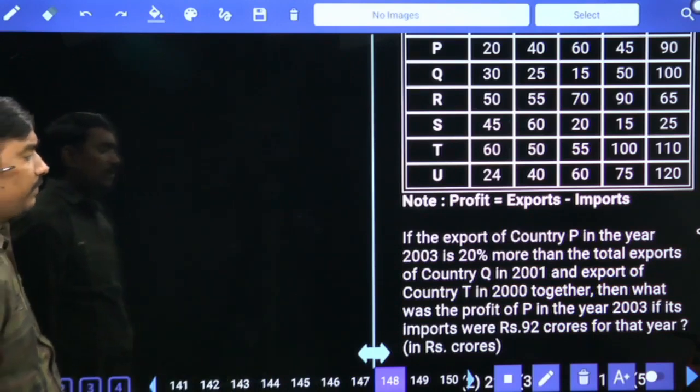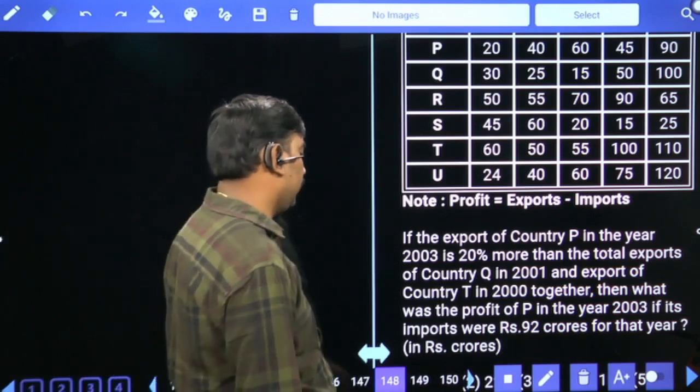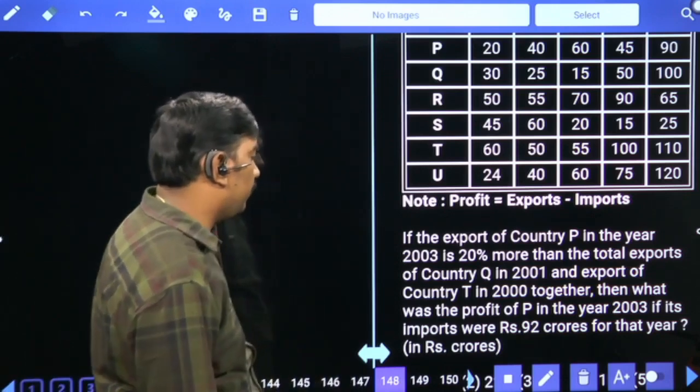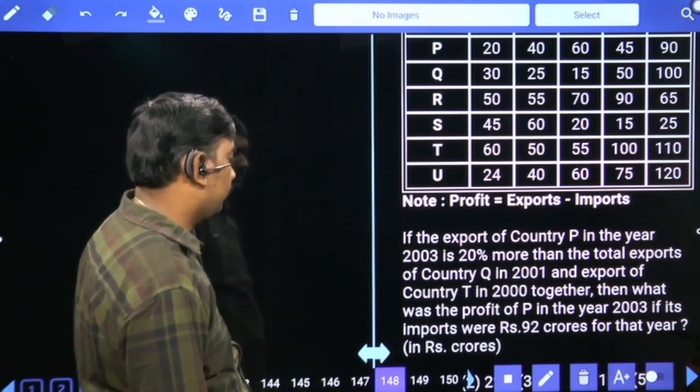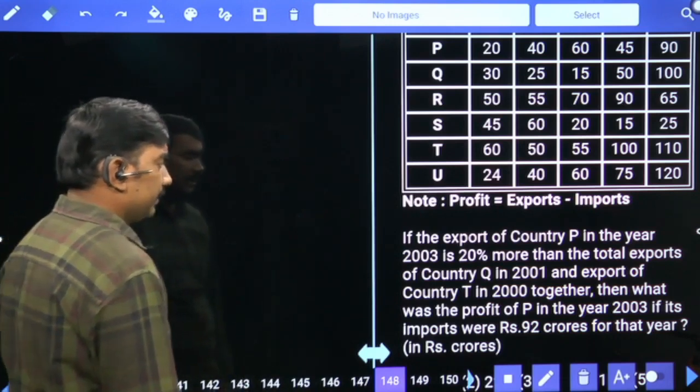If the export of country P in the year 2003 is 20% more than the total exports of country Q in 2001 and export of country T in 2000.